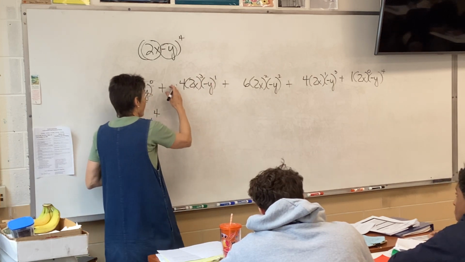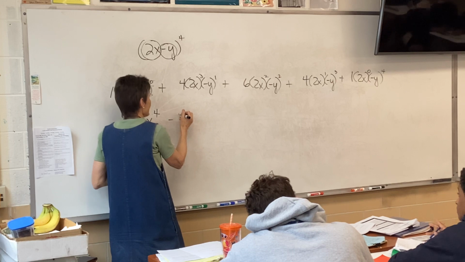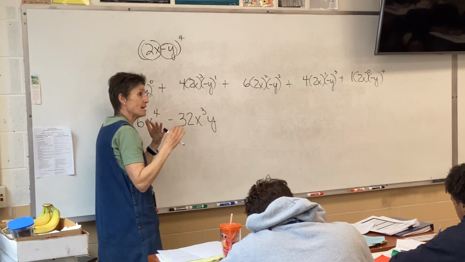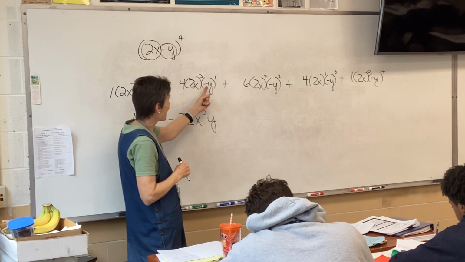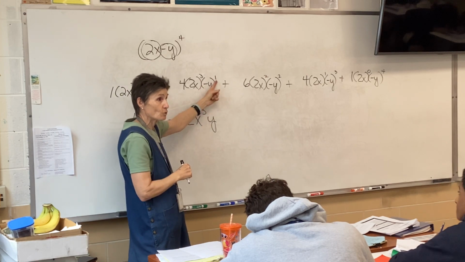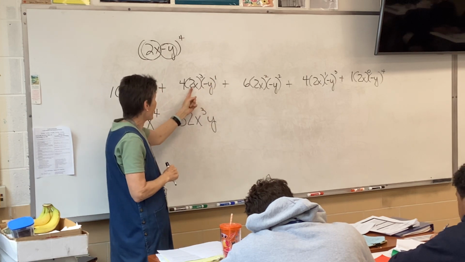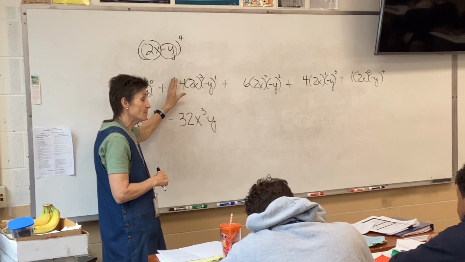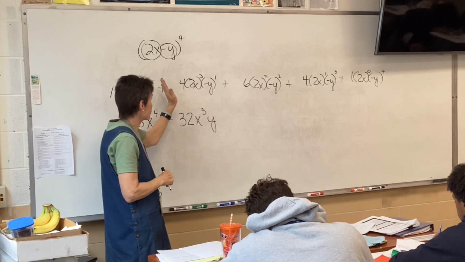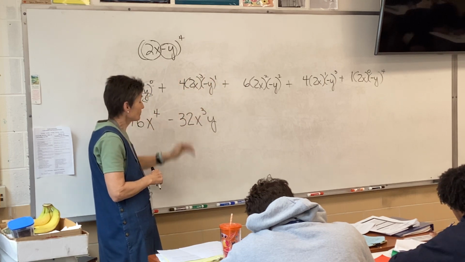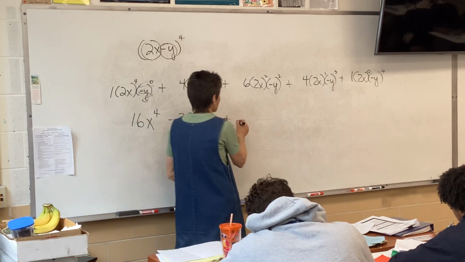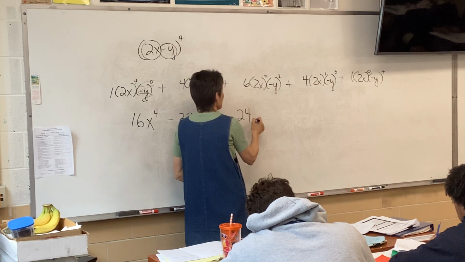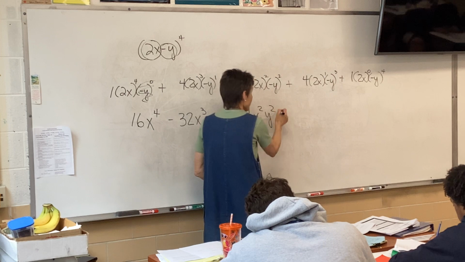All right, what's this one now? Negative 32x cubed y. Now it's negative because you have negative 1 to the 1st power times 8 times 4. This is all multiplied. This is not a subtraction. It's all multiplied. All right, what do we have next? 24x squared y squared.